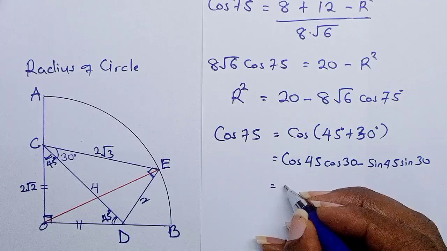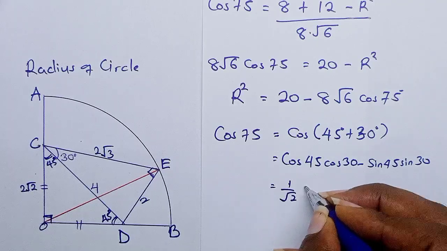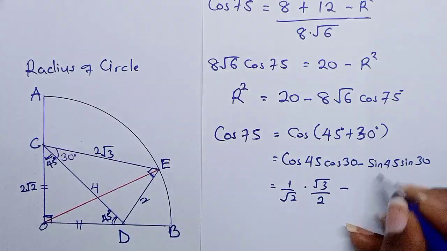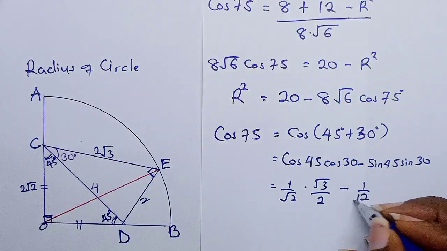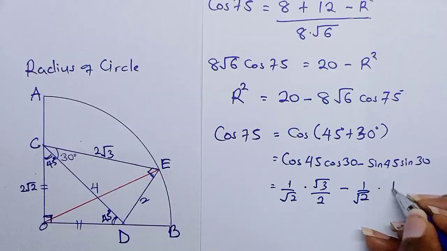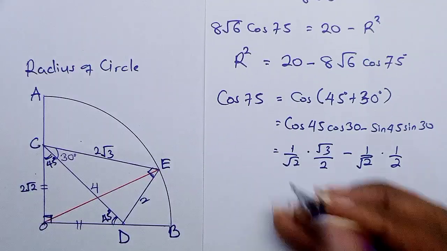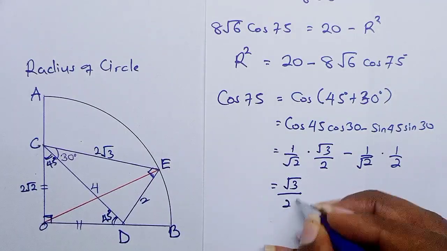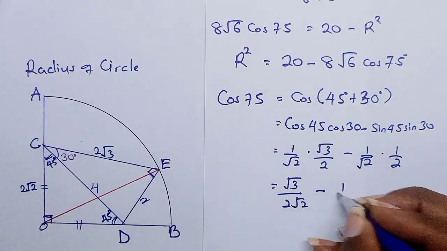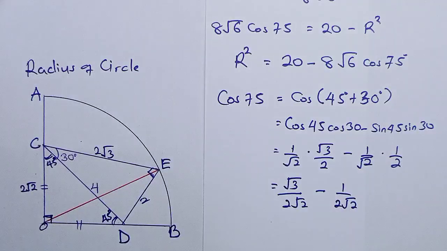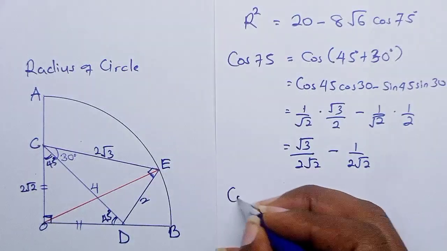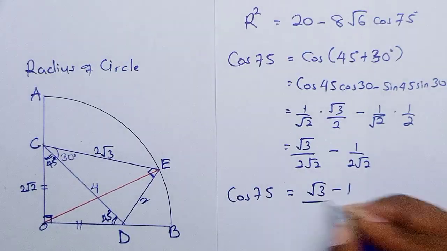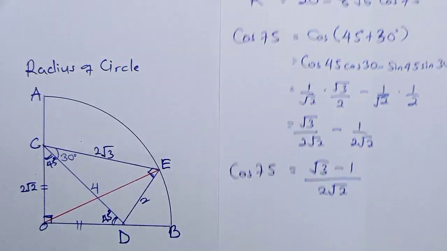This is equal to cos 45 is 1 over root 2, times cos 30 is root 3 over 2, minus sine 45, which is 1 over root 2, and sine 30, which is a half. So this is equal to root 3 over 2 root 2 minus 1 over 2 root 2. Therefore, cos 75 is equal to root 3 minus 1 over 2 root 2.